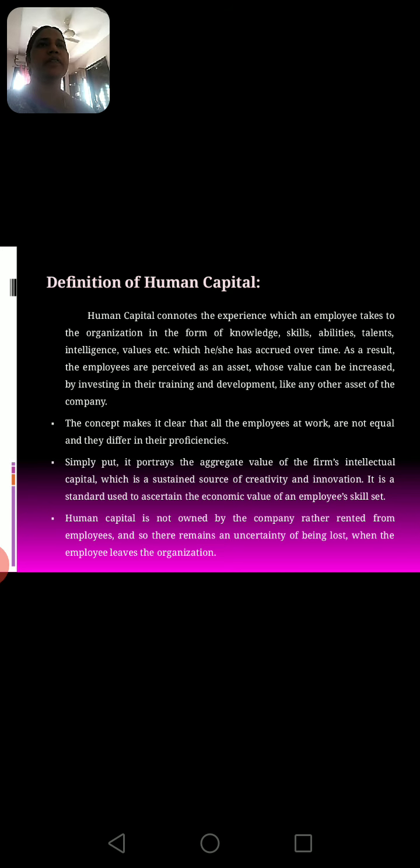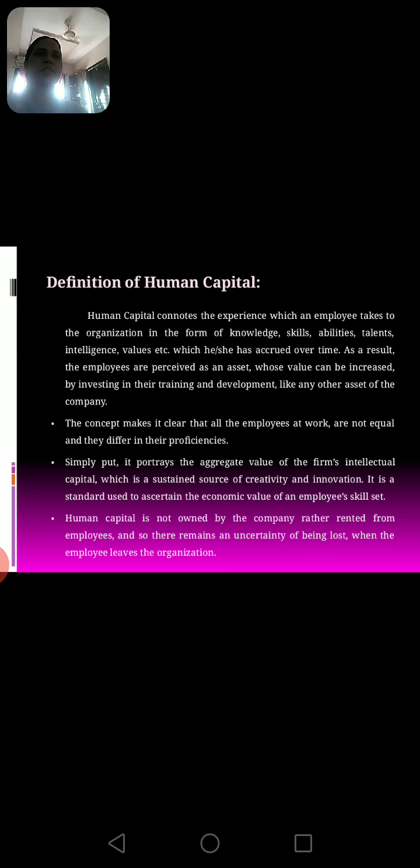These are the different proficiencies. Simply put, it portrays the aggregate value of the firm's intellectual capital, which is a sustained sum of creativity and innovation. It is a standard used to ascertain the economic value of an employee's skill set.